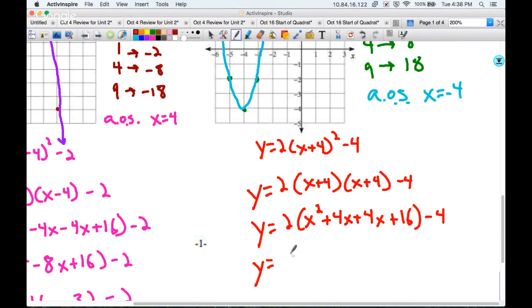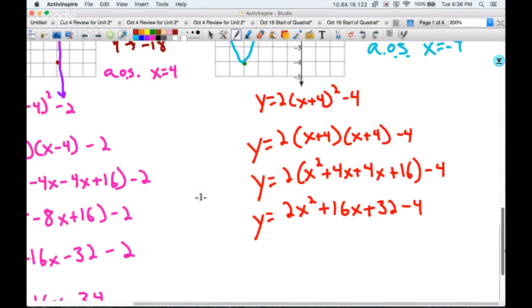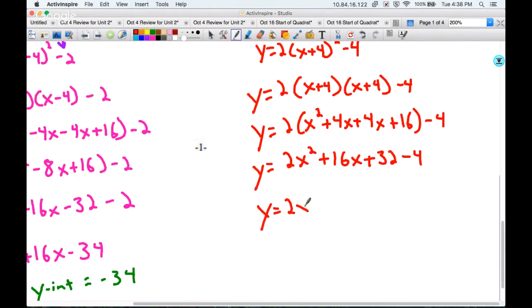Let's distribute that 2. x squared, these would combine to be an 8x, and then it gets multiplied by 2. So that gives us a 16x plus 32 minus 4. y equals 2x squared plus 16x plus 28. y-intercept equals 28.